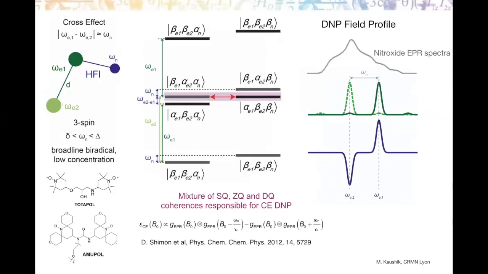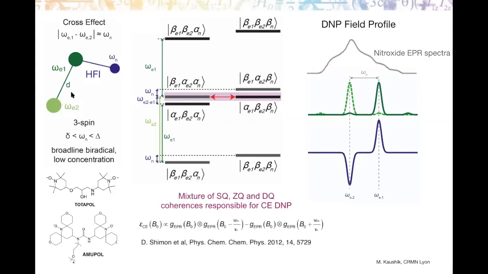The second effect is cross effect, which is a bit more complicated. It is invoked by broadline biradicals, such as TOTAPOL or AMUPol, that have a broad EPR line. So the homogeneous line width is smaller than the Larmor frequency. Coming back, dipolar coupling is the key for cross effect to take place.